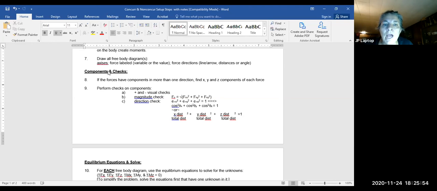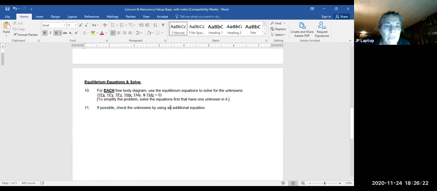I'm sure at least every single one of you has had to catch one error already in your component check. Maybe you haven't, but I would bet money that 80% of you have found an error already in your checks. Whether it happens to be the value, probably more often than not, it's a negative or a positive that you messed up on.